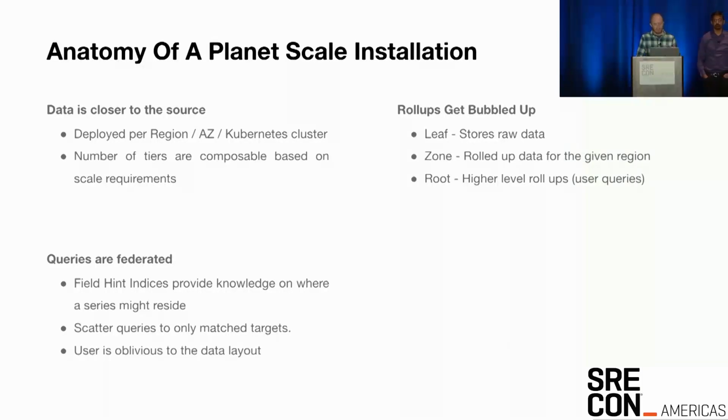And as a part of deploying this, we also have to make sure that our end users are not really aware of the fact that we're spreading the data out towards the edge. So we still need to provide a single query endpoint for them to hit, so they don't have to change endpoints because they want to query something on one AZ versus the next.